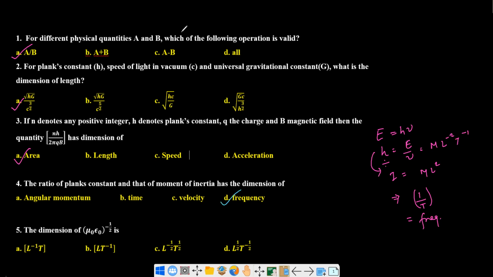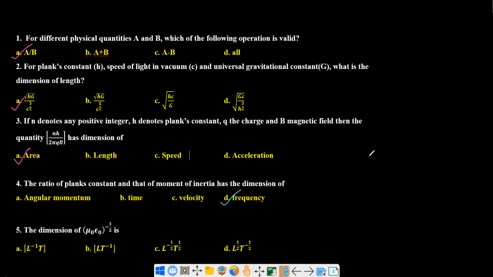Okay, so now let us move on to another question. Here finally we have the last question for today. The dimension of mu naught epsilon naught to the power negative half. We are familiar with these parameters. This is permeability and this one is permittivity. And if we take the product of permeability and permittivity, this is going to be related to the velocity of light.